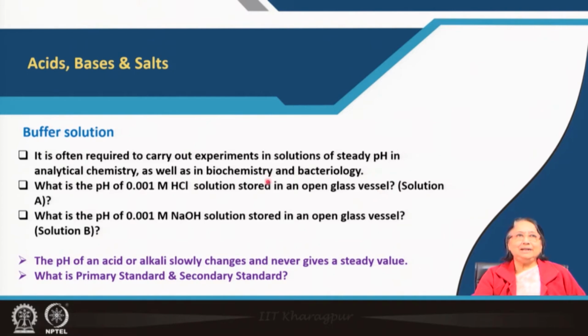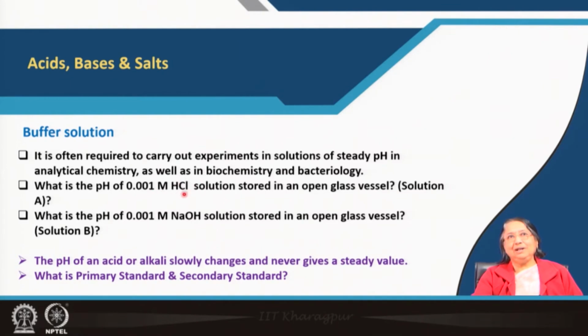I have named it as solution A. I have kept it stored for quite some time, say for example 7 days. Then I measure the pH after 7 days. So, what should be the pH of that solution?